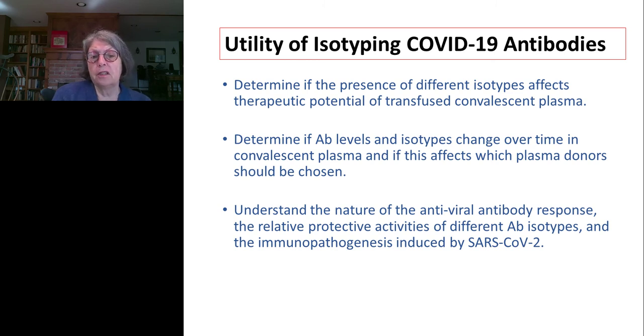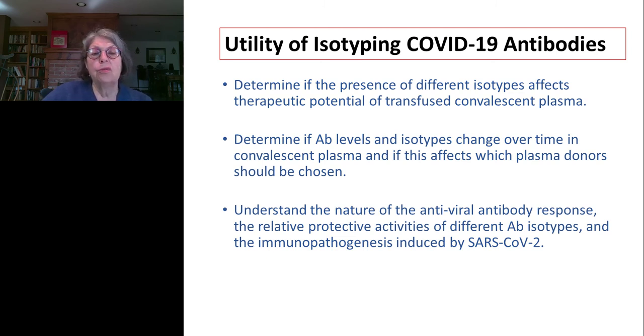And finally, it's very important to understand the nature of the antiviral antibody response, the relative protective activities of the different antibody isotypes, and the immunopathogenesis that might be induced by antibodies that have been produced in response to the virus.